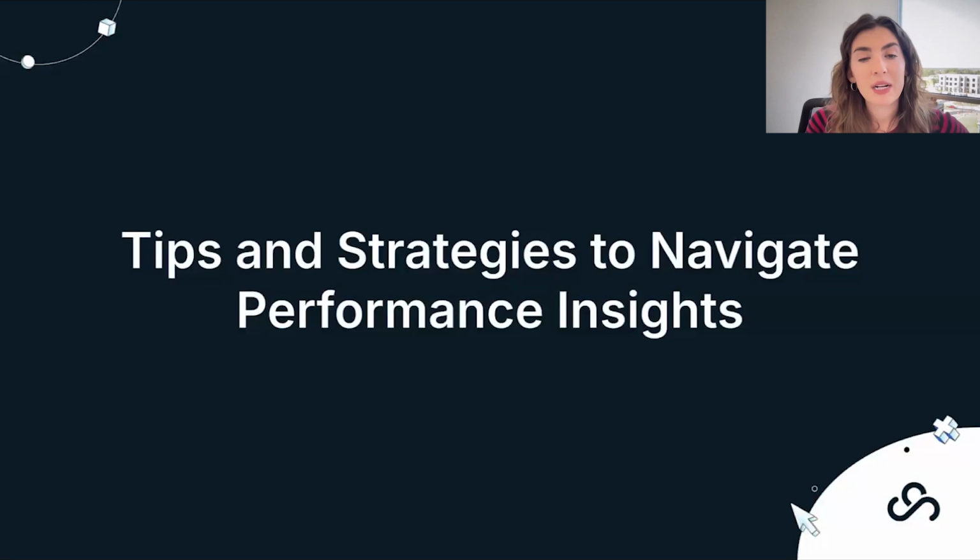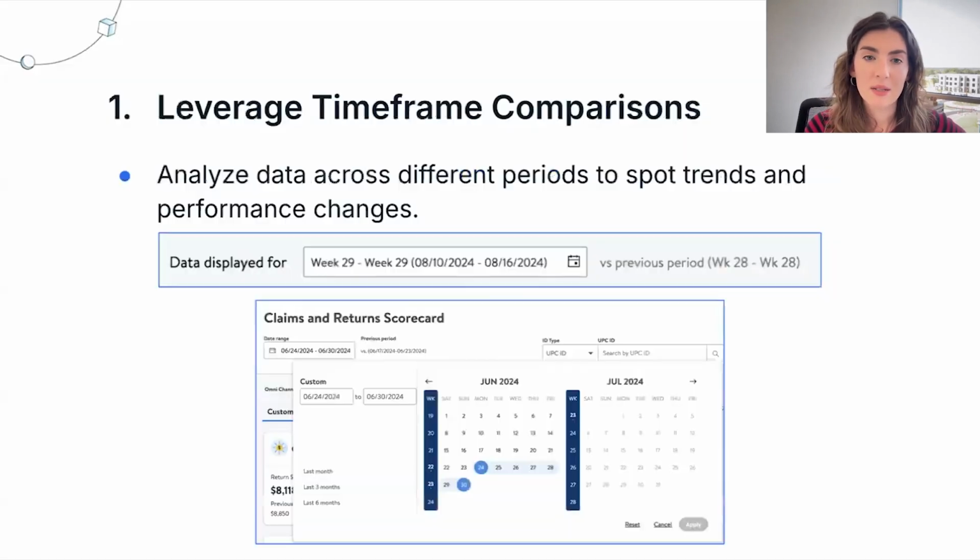All right, now we're going to get into tips and strategies for navigating your performance insight. So like I mentioned before, leveraging those time frame comparisons, especially if you're able to line them up to your dispute data.